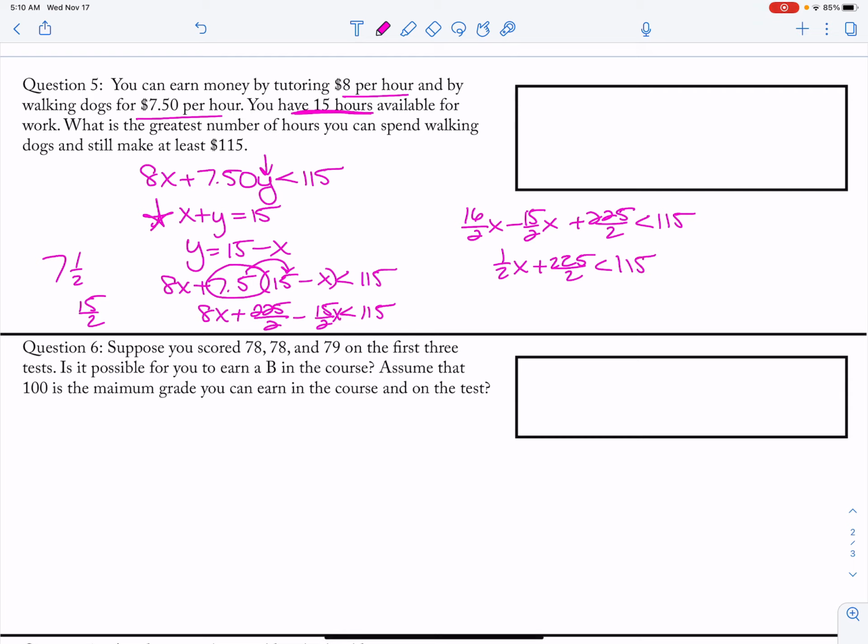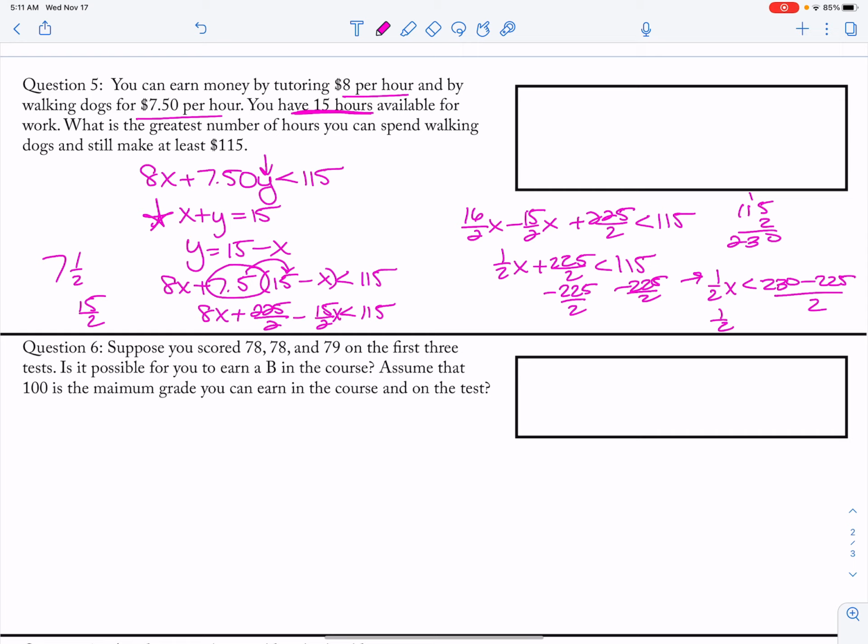You're going to subtract both sides by 225 over 2. So 115 times 2 is 230. So then you get 1/2 x is less than 230 minus 225, all over 2.